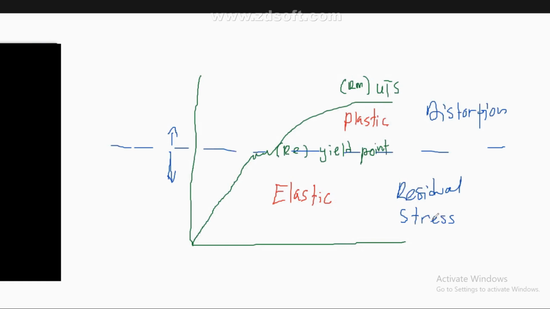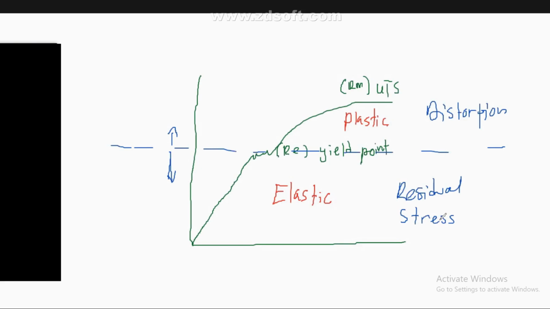Clear about this? Lower yield, lower residual stress, you got high distortion. High yield, high residual stress, small distortion. Clear about this?